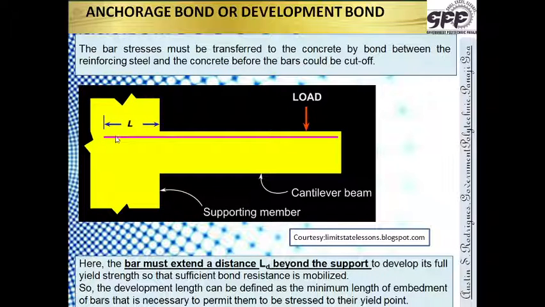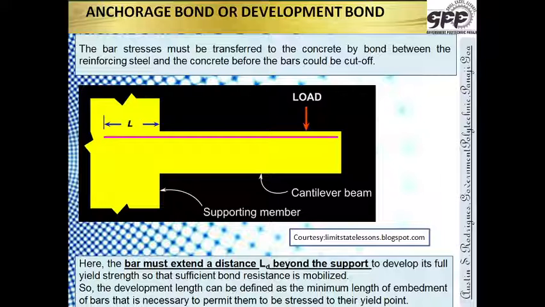Whatever force is coming over here, which is responsible for the cracking and collapse of this beam, has to be transferred inside into the support. This force is transferred by the phenomenon of bond.